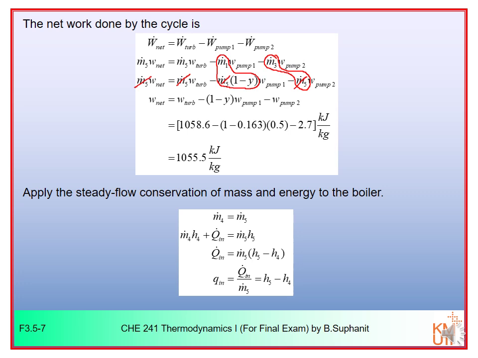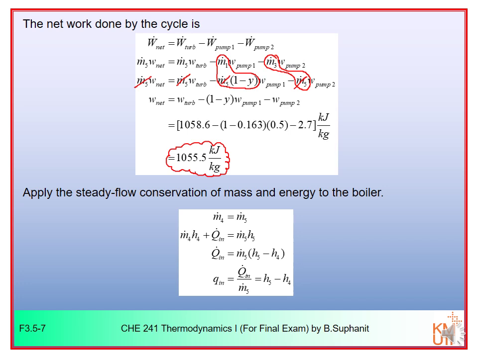And you know everything. You knew the turbine work, you knew the pump work for the first pump, you knew the pump work required for the second pump. So the result, w net, would be 1055.8 kilojoule per kilogram. You get w net now.